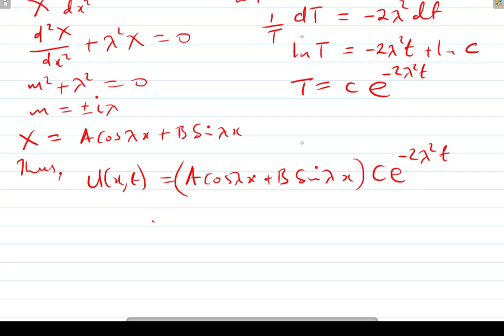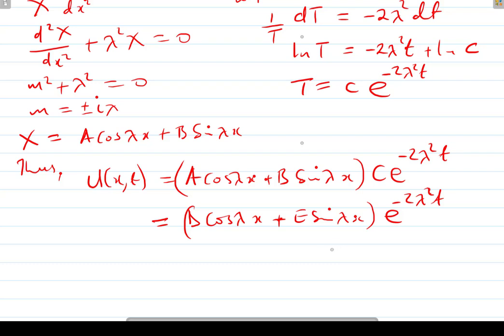Allow me to just expand this, this constant c, bring it inside here. If I do that, ac, I can write it as d cos lambda x, plus bc, I can write it as e sine lambda x, so that now we reduce the constants, times e to the minus 2 lambda squared t, like this. You see?